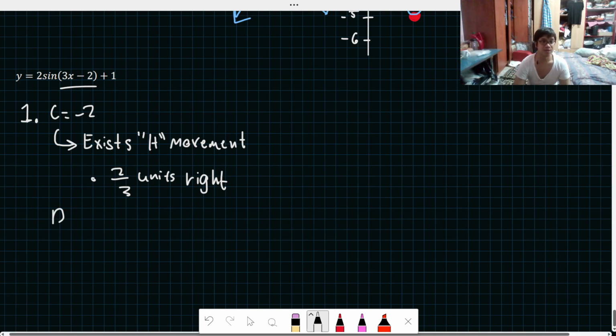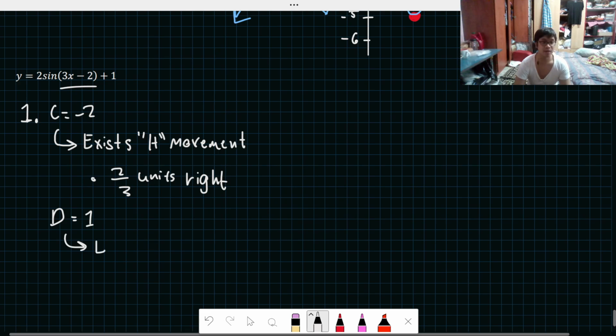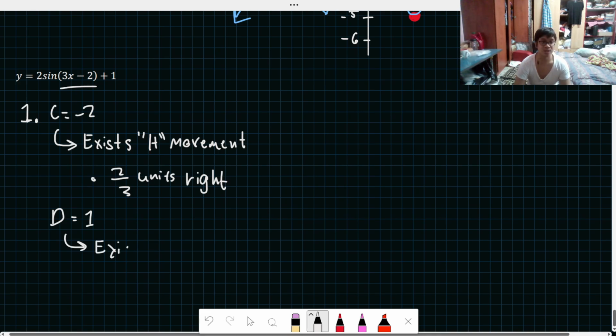Next is your D. Your D here is 1. So of course, if there exists D, that means there exists a vertical movement. In this case, how far will it go, or rather, what direction will it go as well?